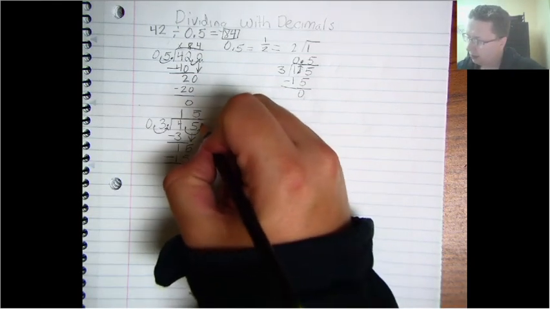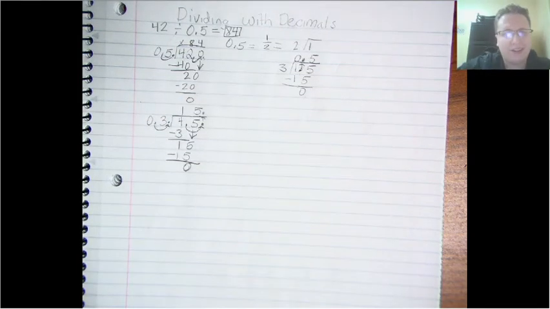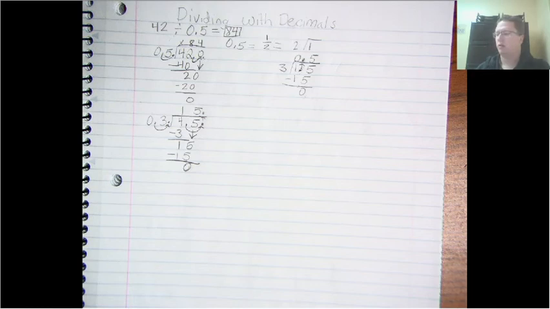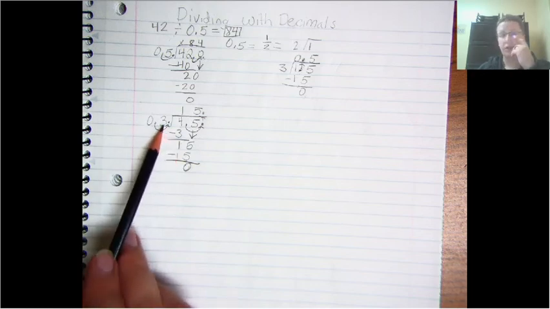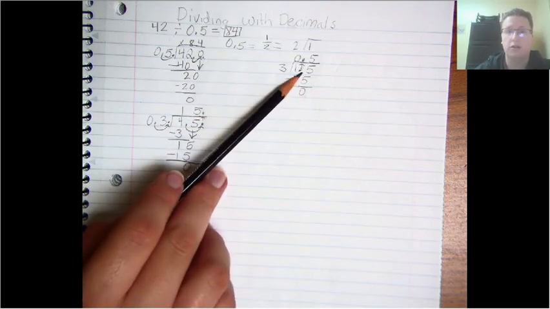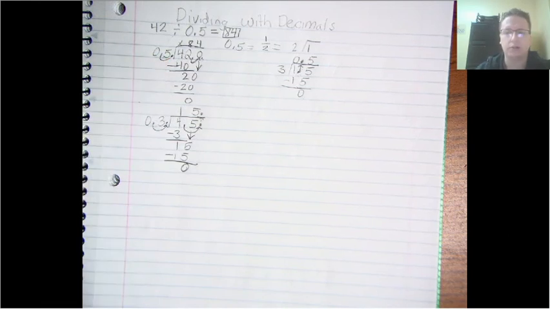Now that the decimal is here, we just bring it straight up. So 4.5 divided by 0.3, or 3/10, is 15. There's an example of those two things combined. Notice we move the decimal over first because you can't divide by a decimal. A decimal can be divided, like you saw here, but you can't divide by a decimal. That's why we have to turn it into a whole number.